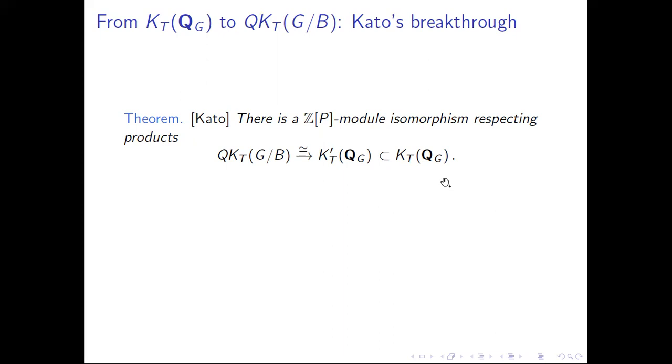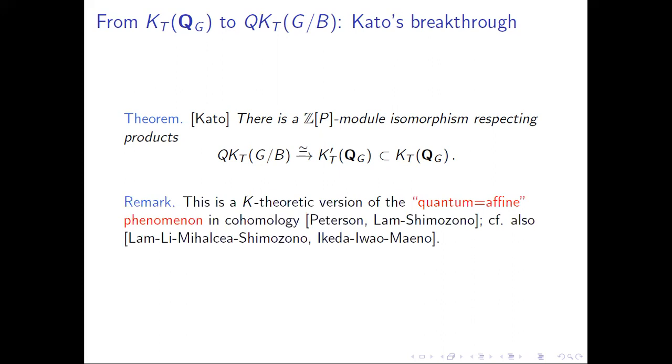And this generalizes a similar phenomenon for cohomology, which was first given by Peterson, and then Lam-Shimozono made it very explicit. So as I said, it's a K-theoretic version of this quantum equals affine phenomenon. And other people like Lenart, Naito, Sagaki, Shimozono, Ikeda, Iwao, Maeno, they also did some preliminary work before Kato's breakthrough.